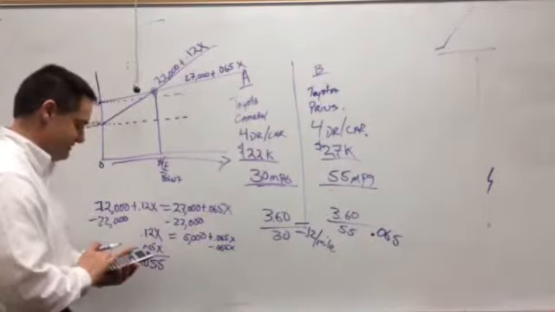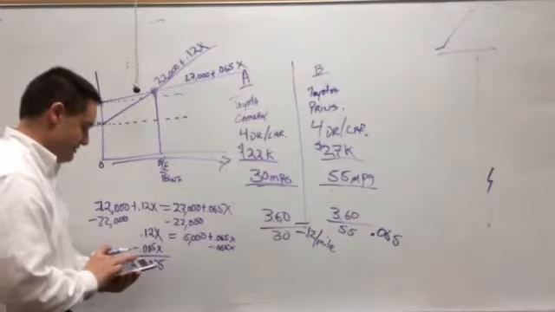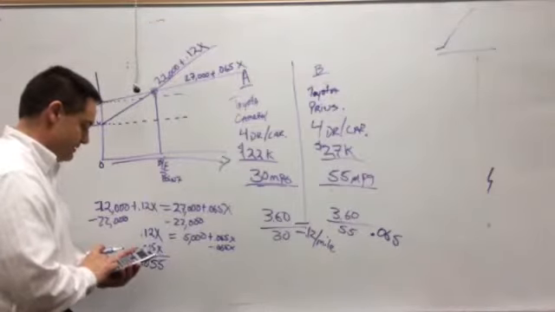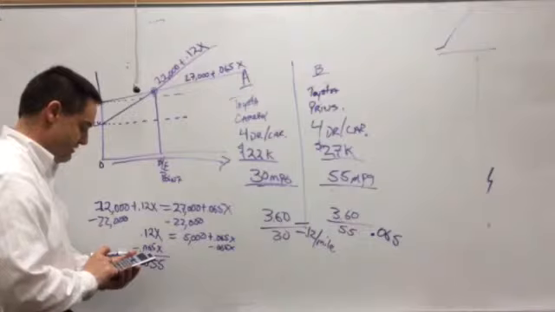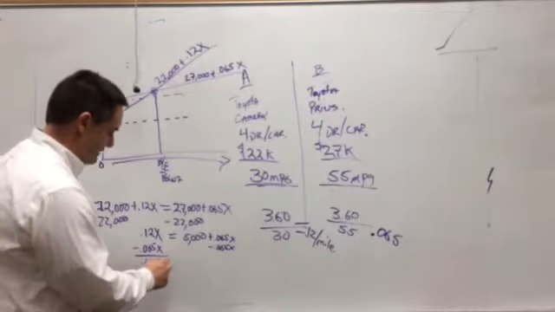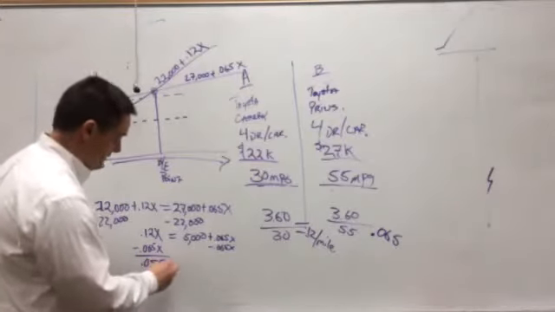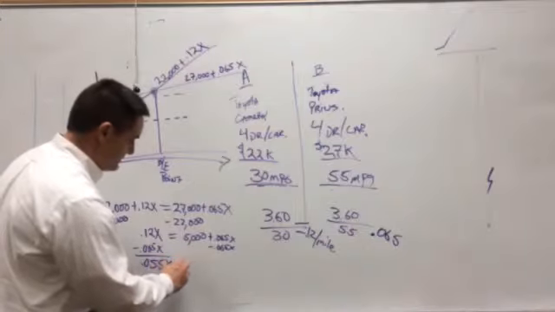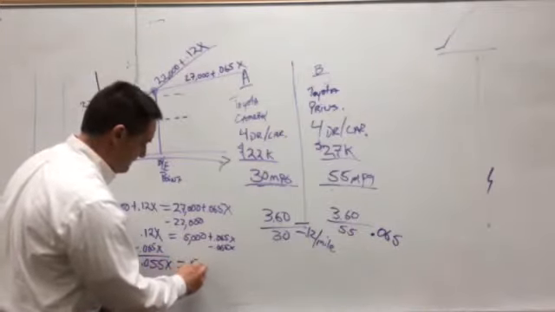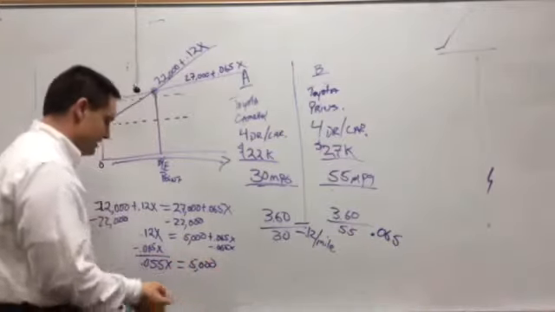Is that right? I think that's right. I'll just make sure. Yep, 0.055x, so it's 5.5 cents x, and this is equal to 5,000. Remember, whatever you do on one side, you have to do on the other.